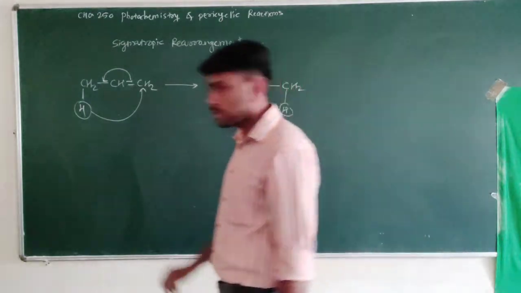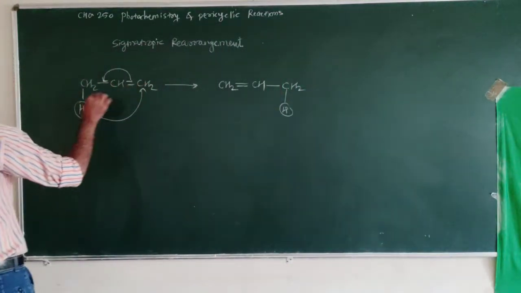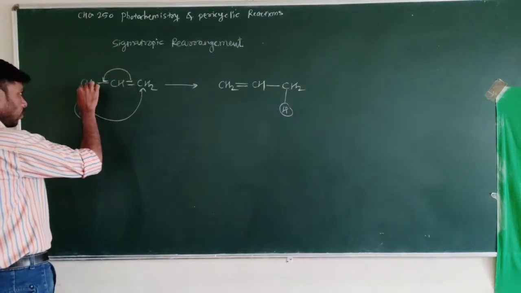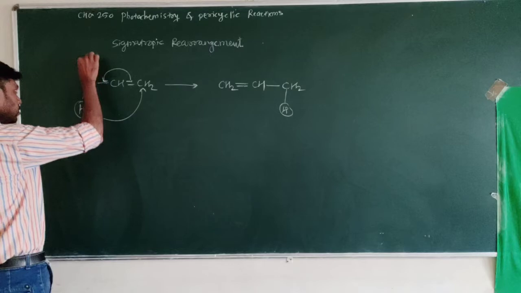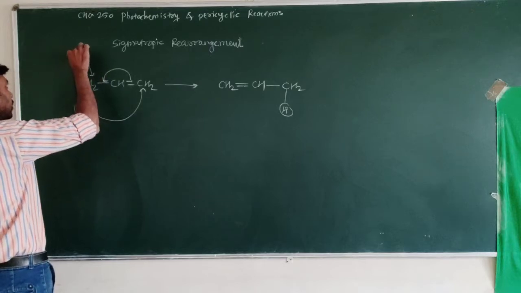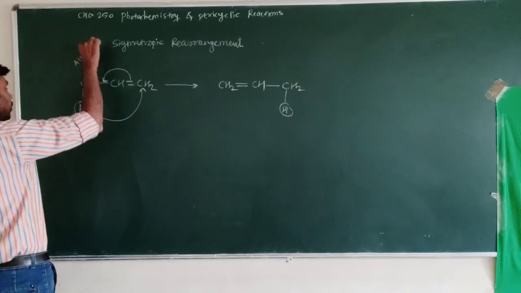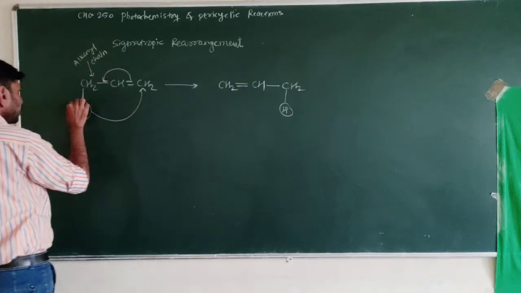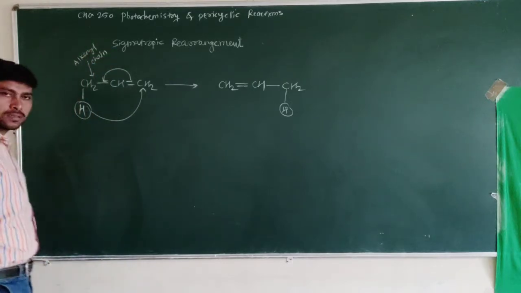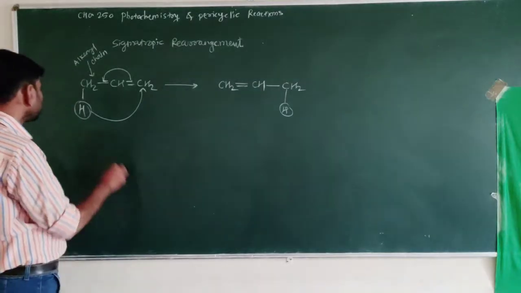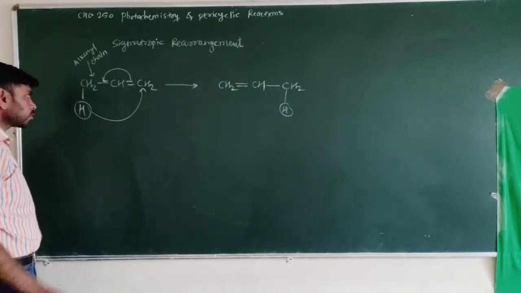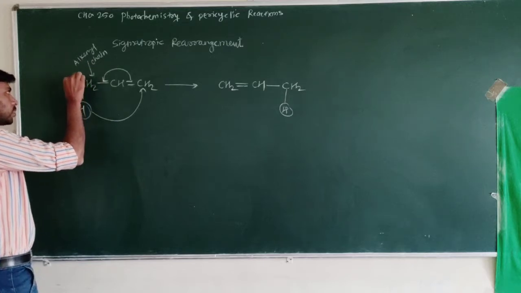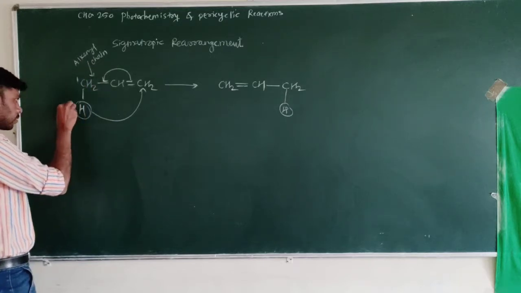Okay. So this is the part from which the group transfers, and this part is known as the alkenyl chain. And this is the group which undergoes transfer. So we have to start numbering from the transferring group.